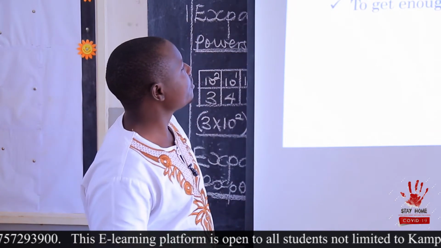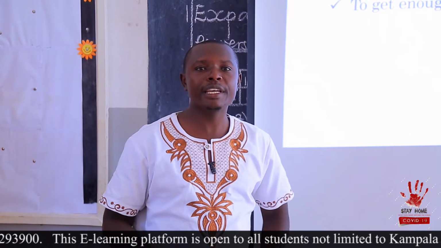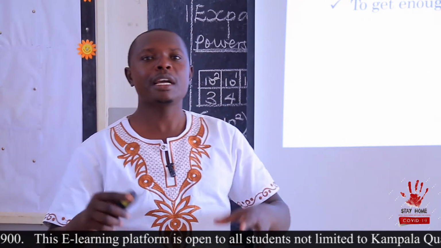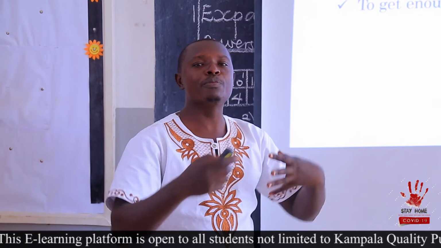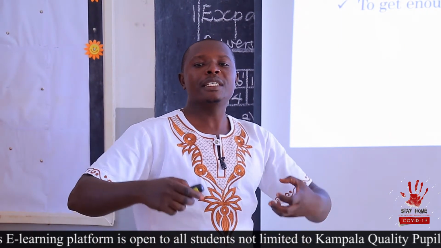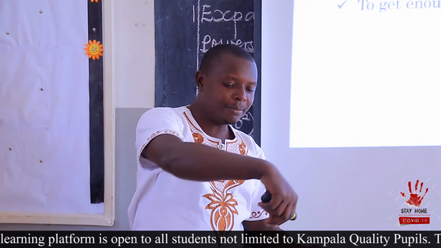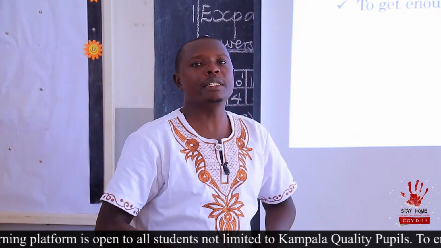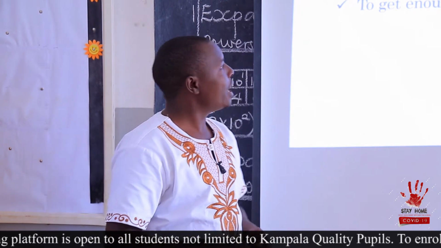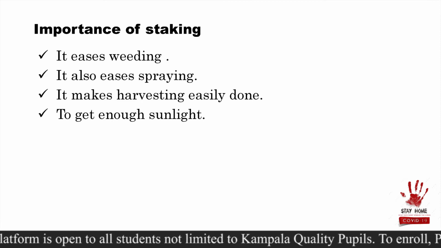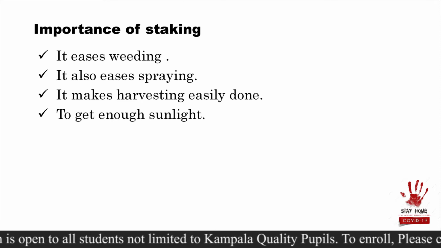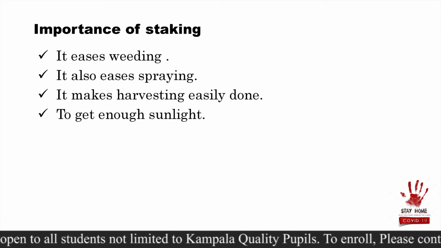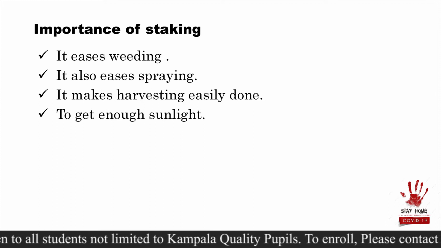Then let's look at the importance of staking. Why do farmers carry out staking? Why do you give those plants support? One of the reasons and the importance of staking, because you have those plants that creep on the soil, you have given them support.